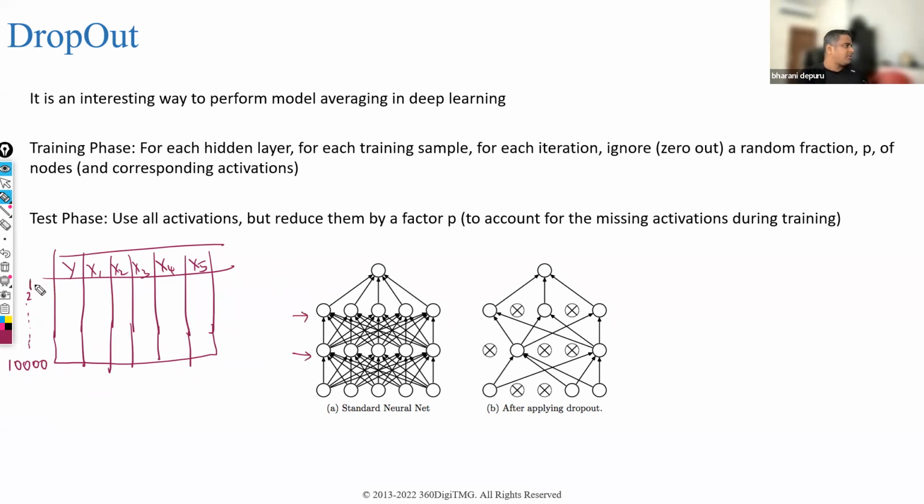For every training sample, if you take one, so for each training sample and for every iteration, iteration means you update the weights, you actually ignore or zero out a random fraction of nodes. Right? What does that mean? A random fraction of nodes, you zero it.